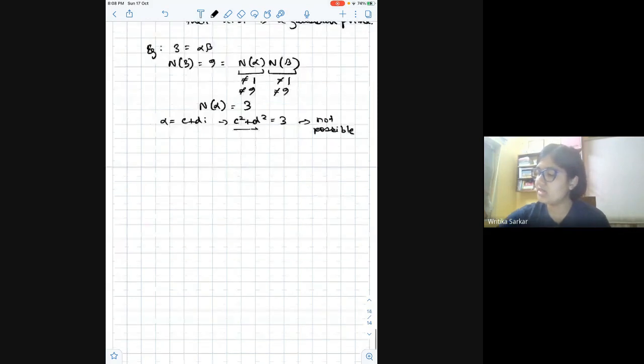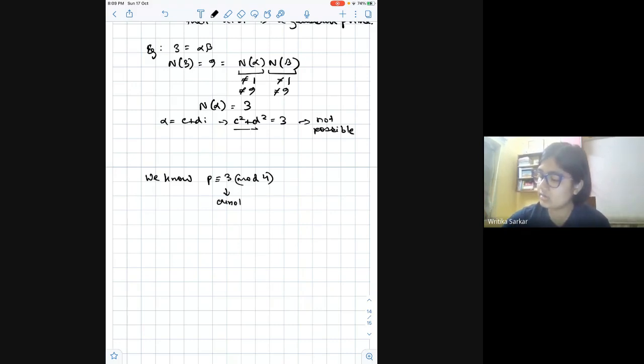So we already start seeing something interesting here. We can already see that if a prime in integers can't be written as a sum of two squares, then it has to be a prime in the Gaussian integers, right? And we already saw very early on that if p is a prime in integers and it is 3 mod 4, then it cannot be written as a sum of two squares.